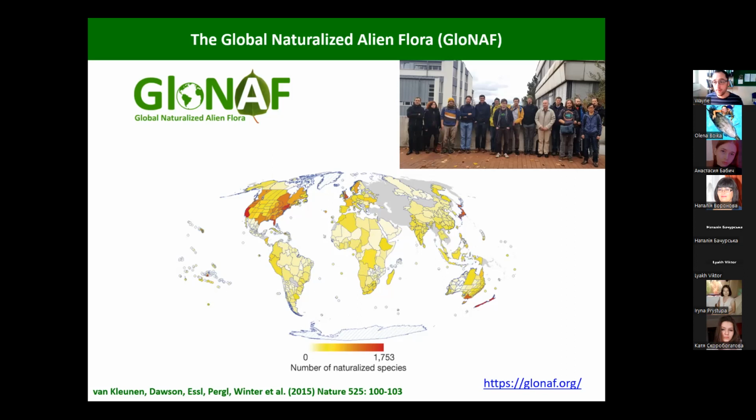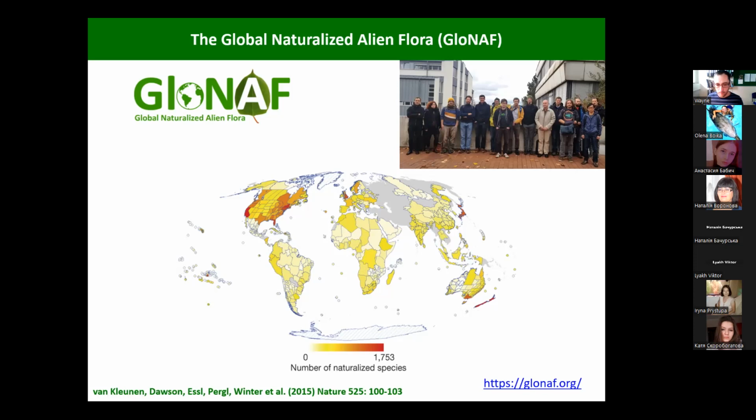And in this database, we've got something like more than 13,000 plant species that are known to be naturalized somewhere in the world outside of where they are native. And you can see the team shown in a photo there in 2018 on the top right. And the key figure, the figure of the globe that you can see in the middle, is the main take-home figure from that first version of the database, showing where in the world tends to have more naturalized plant species.